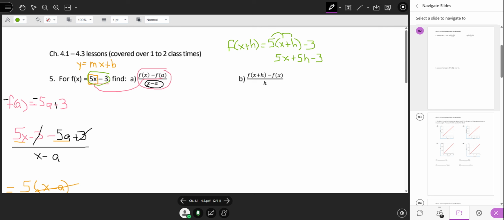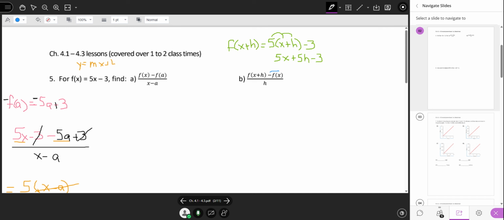Now the next thing to do, and I need to do some erasing, okay, so I've got my f of x plus h.